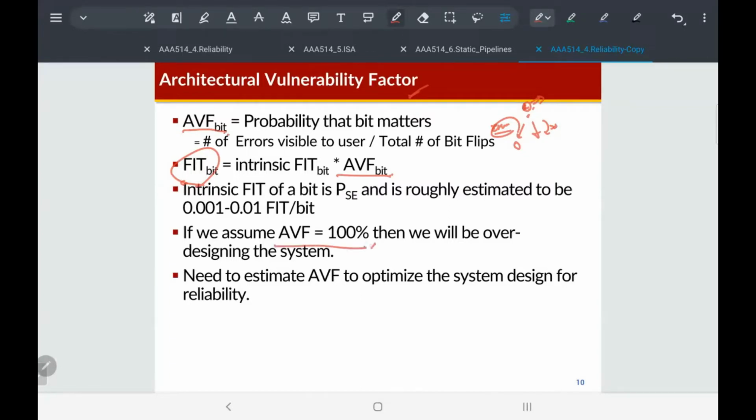We can just set this AVF to 100%, which means that every bit fault is protected by the architecture. We can design our processor like this, but it can be a waste.